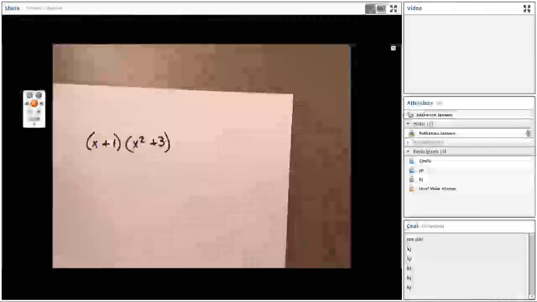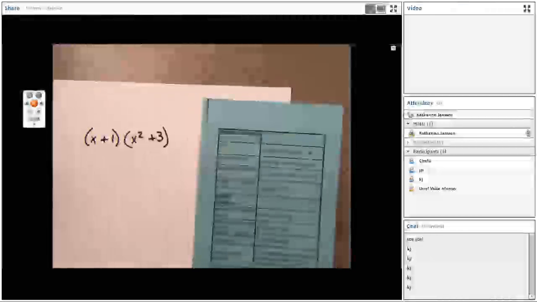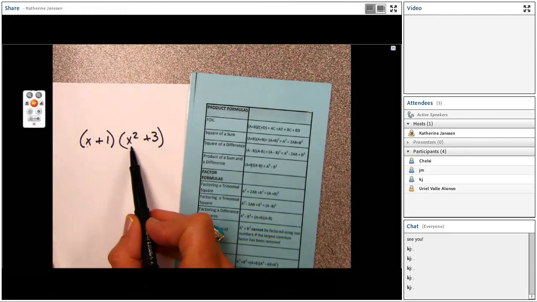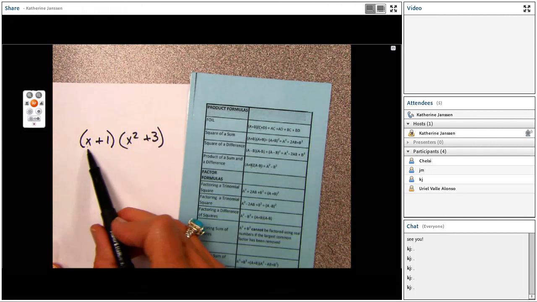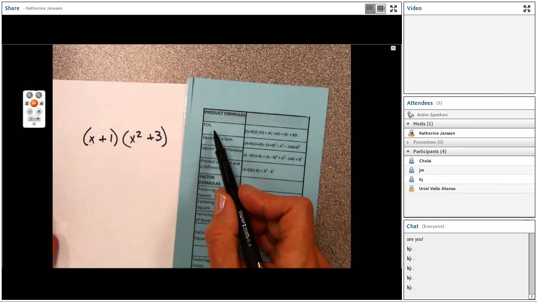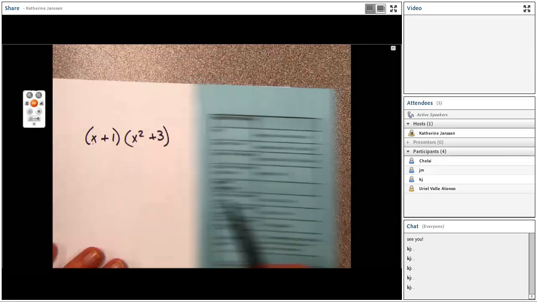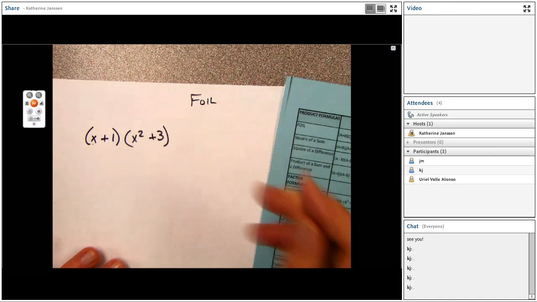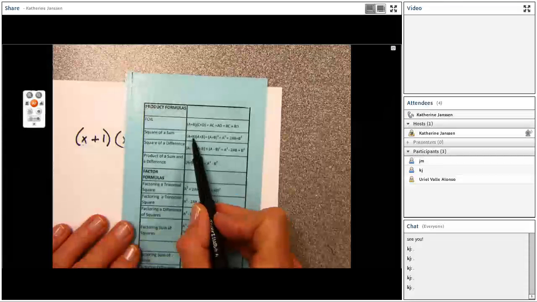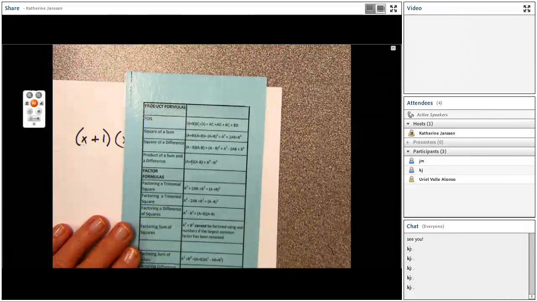Oh, I have a binomial times a binomial, so I'm going to look at my blue card, and the first two terms are different. So if the first two terms are different, then I'll have to use FOIL. For my special product rules, the first two terms are the same and the last two terms are the same.